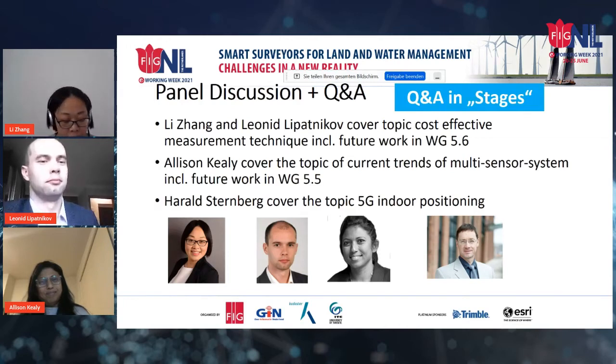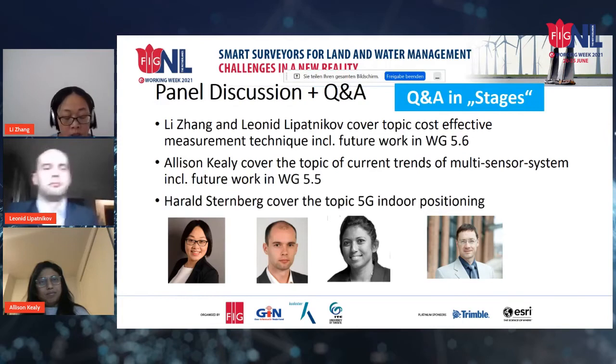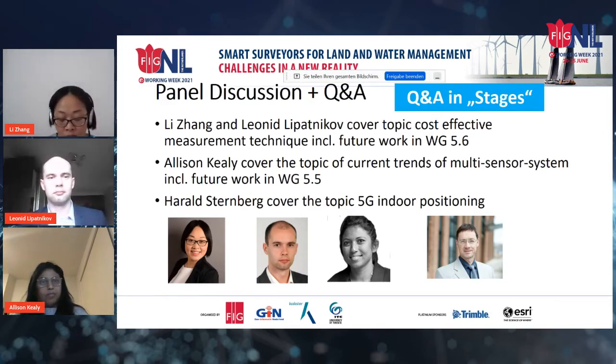Alison is technical representative to the Institute of Navigation in the US and is on the editorial board of the Journal of Navigation in the UK, and also the Journal of Applied Geodesy and the journal GPS Solutions. So very famous journals, all of them.